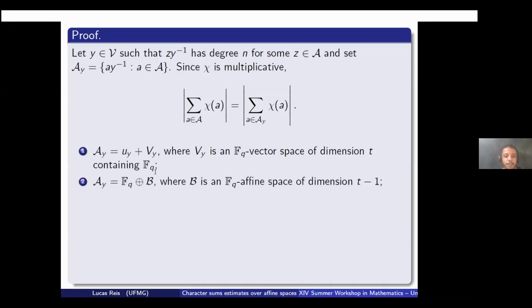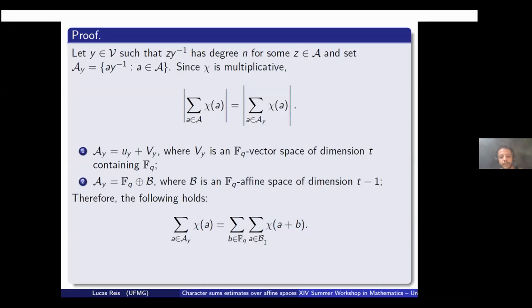So in particular, this is a vector space containing FQ, and I can write it in this way. Right? So AY is a direct sum FQ plus B, where B is another affine space of dimension t minus 1. And so essentially, I can now write this new affine space AY as a direct sum with another affine space. And so I can just apply the result from the first version of the theorem.